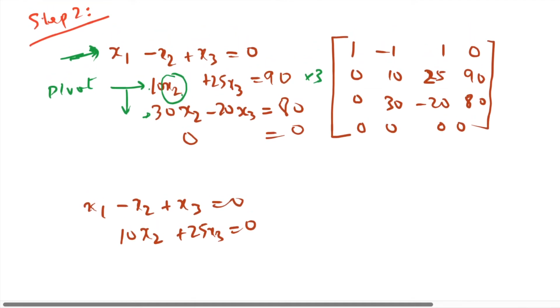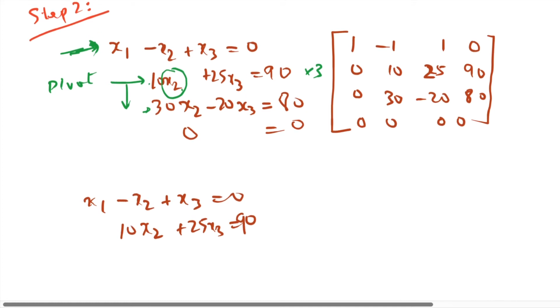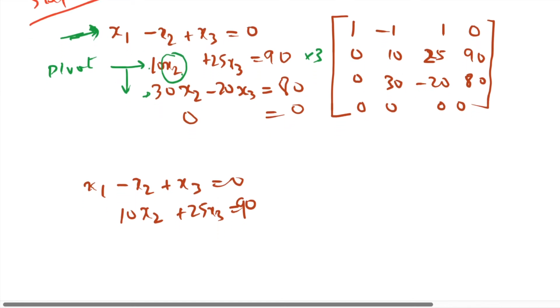I'm sorry, I initially said 0, but this is 90. It's easy to lose track of numbers when you're doing this. The third becomes minus 95x3 is equal to minus 190, and the fourth equation is 0 is equal to 0.